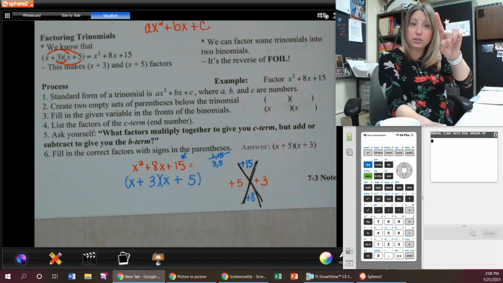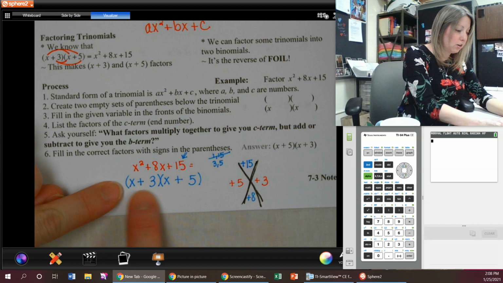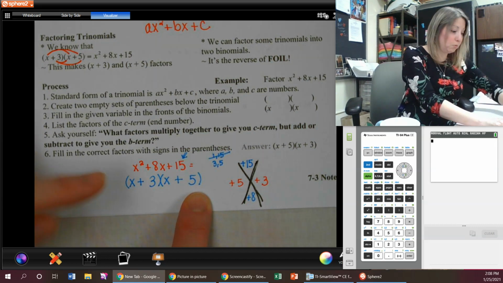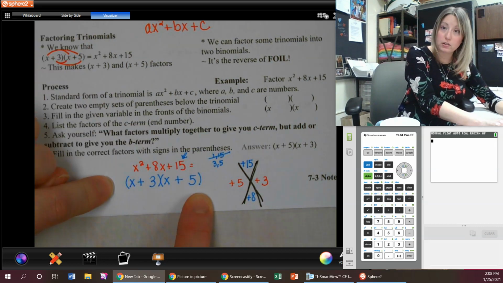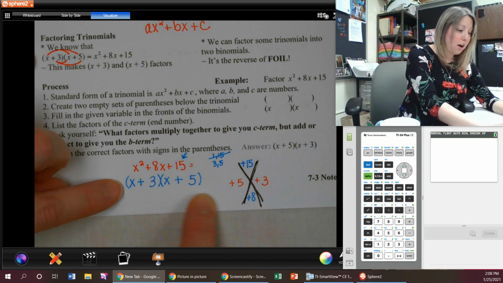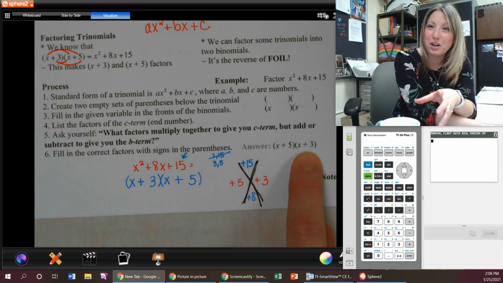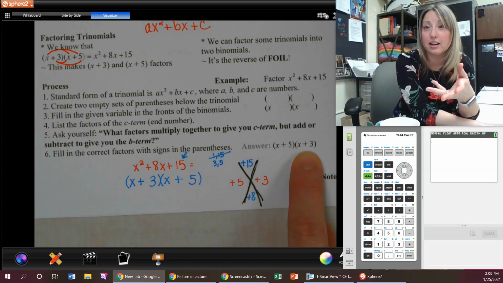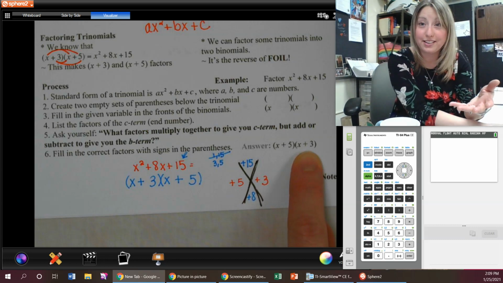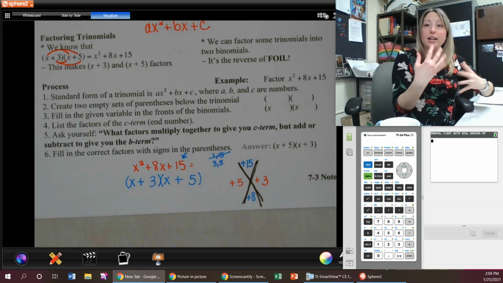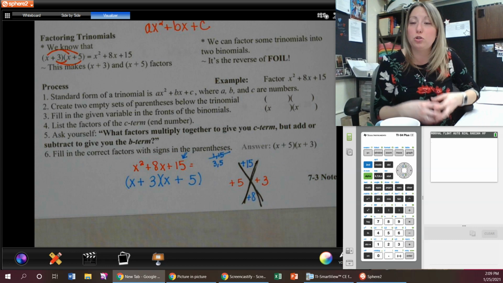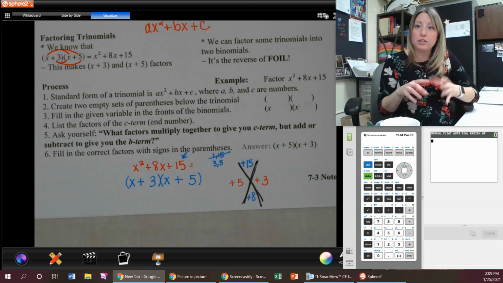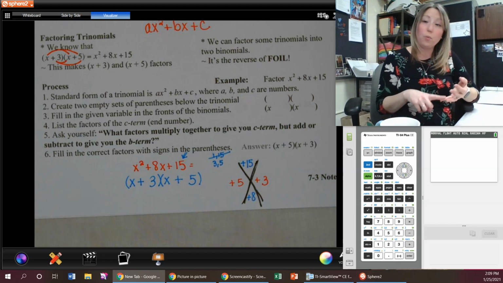Now, I want you to notice something. When I wrote my answer this way, talking out the procedure with you, I typed a different answer here. I didn't do this on purpose, but it's great that I did, because it doesn't matter the order of those two binomials. What matters is getting the right numbers in them with the right signs.